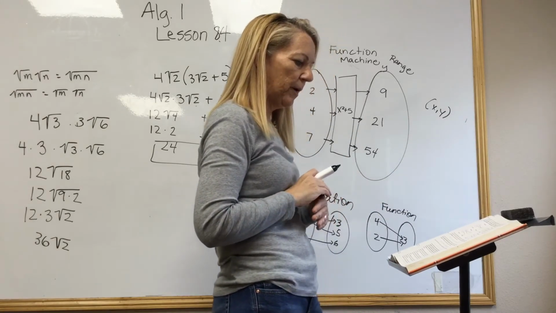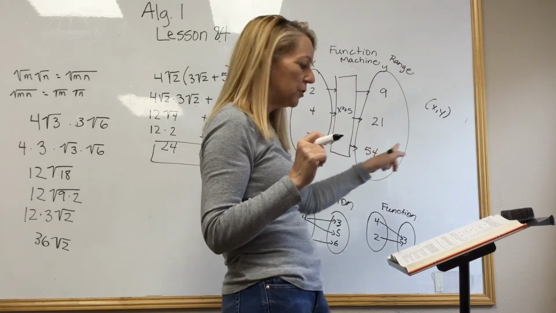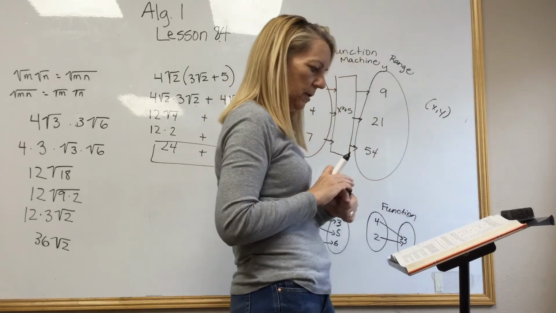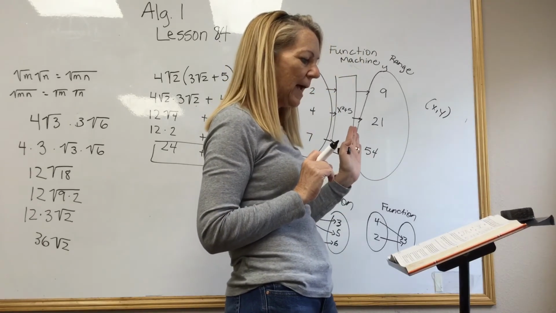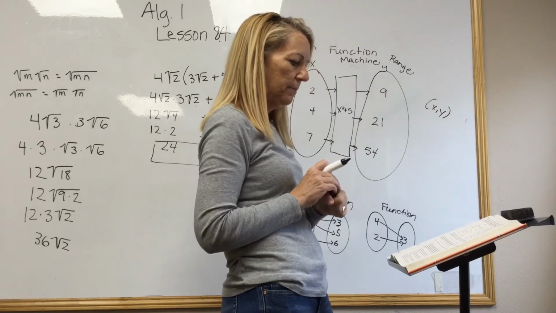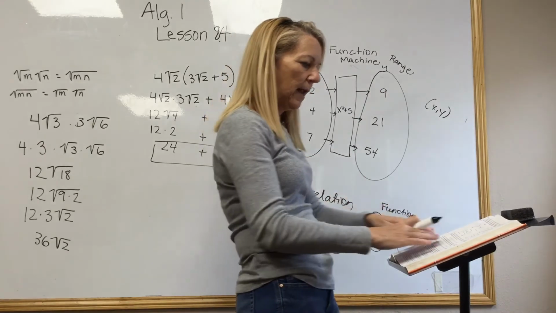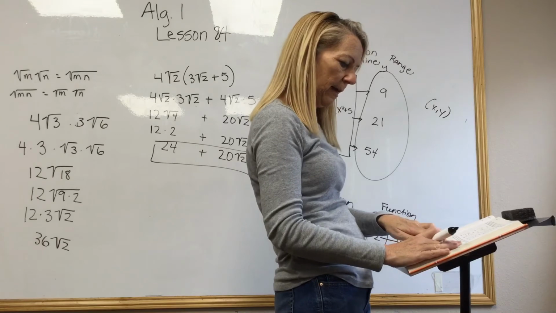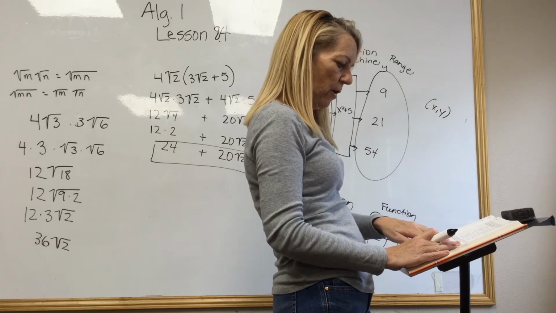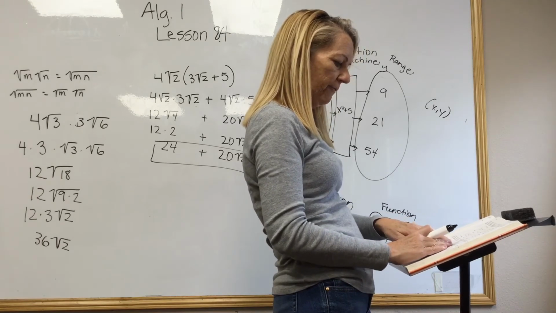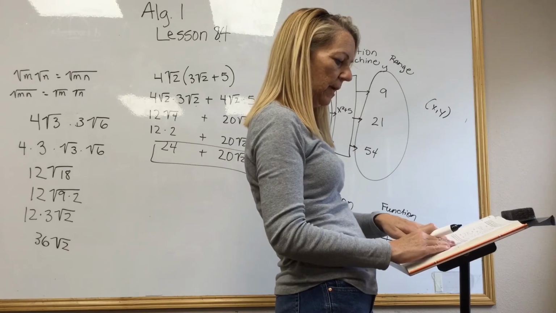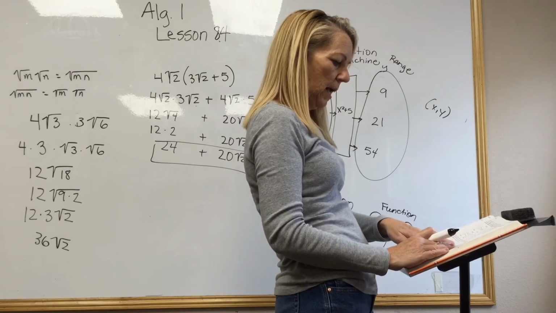Stated by a list of ordered pairs such that every first member is paired with exactly one second member. Thus, the following set, I'm on page 347. And so if I have 4 with 3, I have 5 with 7, I have 9 with 3. You can look in your book right here with me.